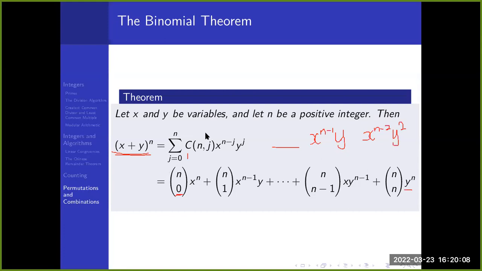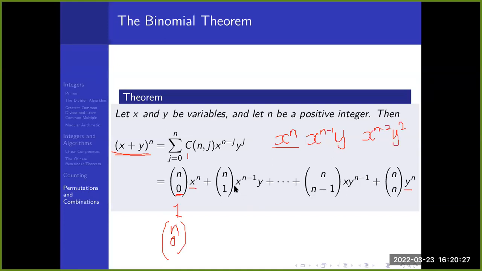Because you pick x from each of the factors once only. There's only one way to pick x from each of the factors to get x raised to n. That is just one. But we can write that as n combination 0, because n combination 0 is 1.